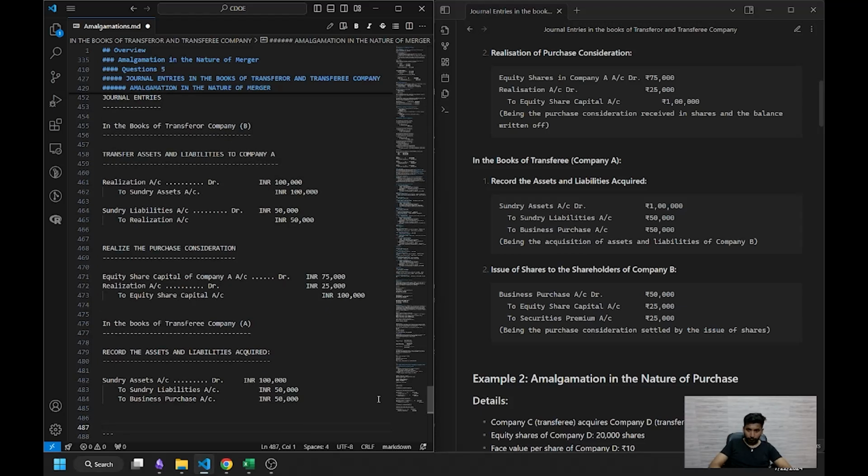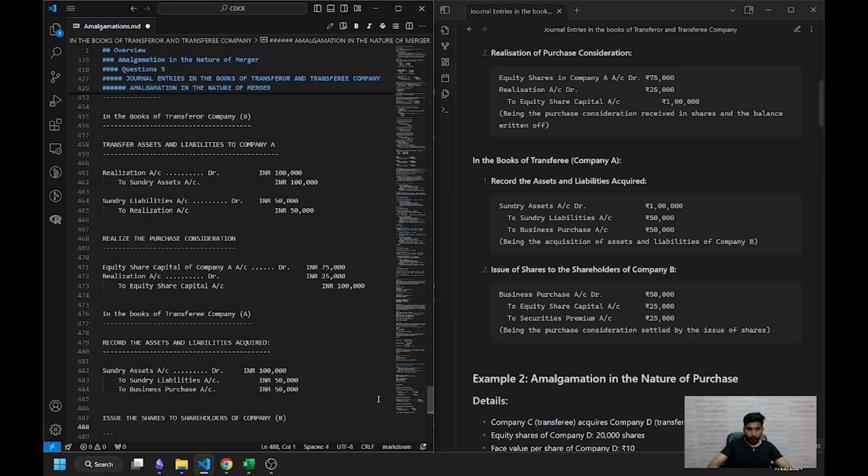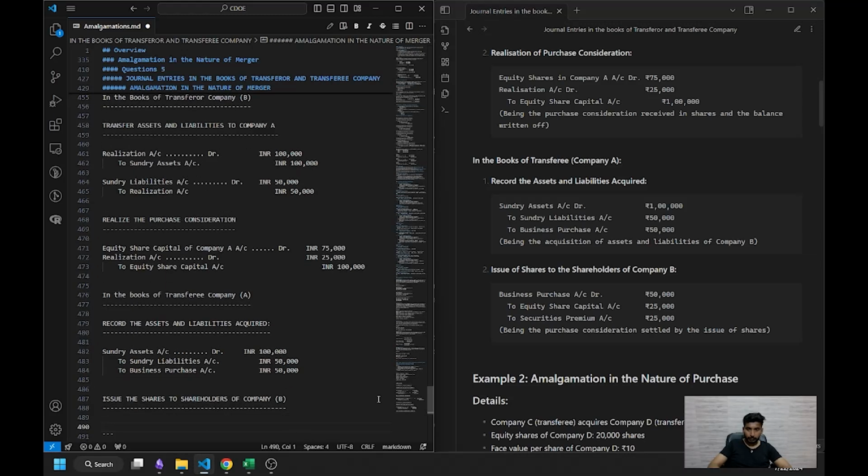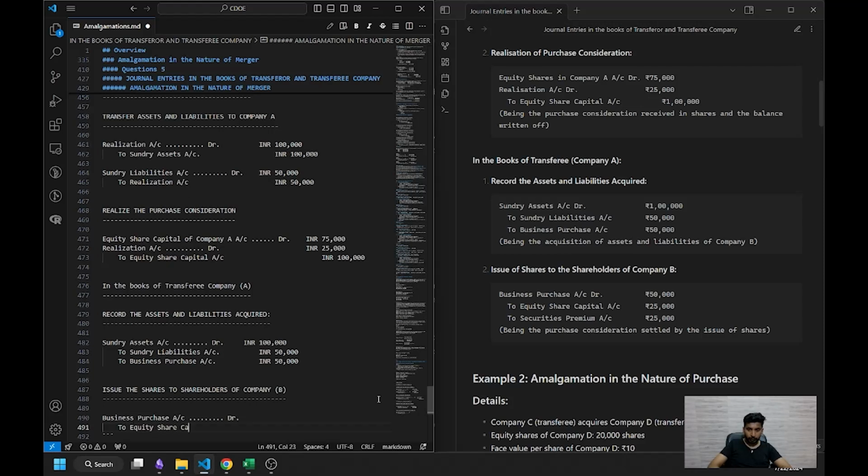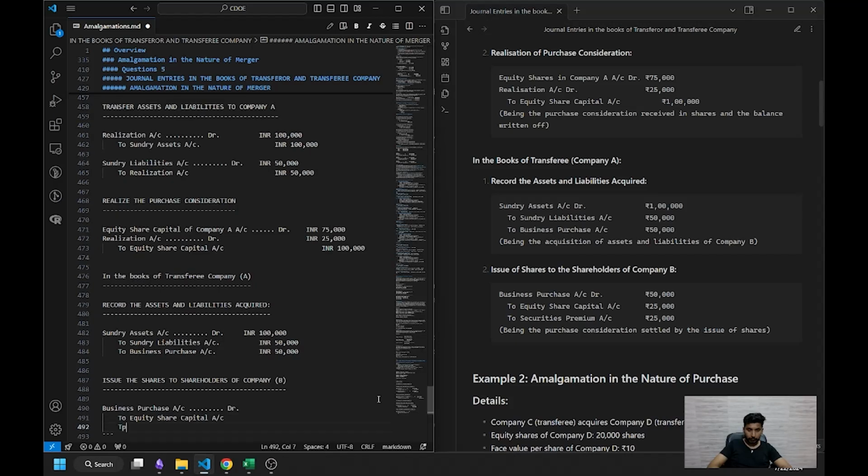After that, we will issue the shares to shareholders of company B, which will be business purchase account debit to equity share account and to securities premium account.